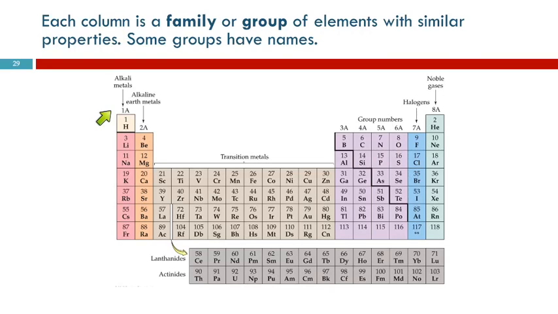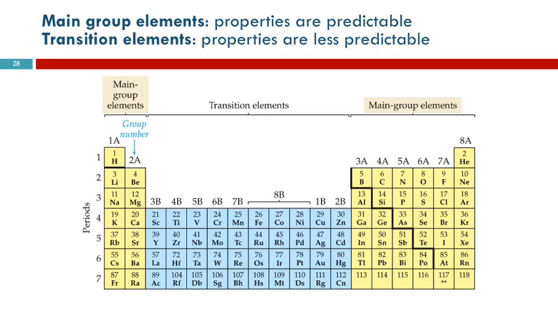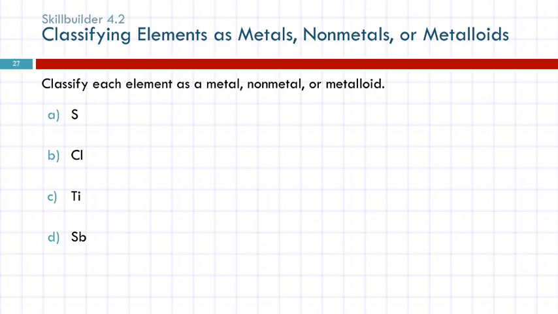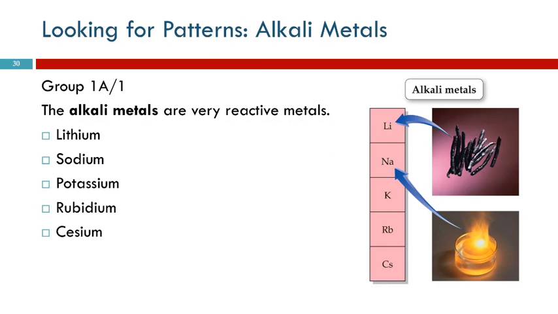So these columns are numbered. This is 1A, 2A. The main group ones all have A's, 3, 4, 5, 6, 7, 8. There is another set of numbers for the groups or the families. Well, I don't have a periodic table that shows that right now.